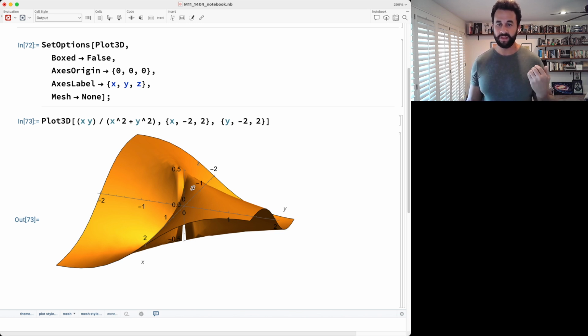I know I use the word intuition all the time. If you've taken me before, I'm all about intuition and making sense of these things. But this is exactly why intuition is great as a guide, but it's not a proof. You can't wholly rely on intuition. This is why you need the rigor of mathematics, the rigor of analysis, and the rigor of things like the epsilon-delta definition of a limit.